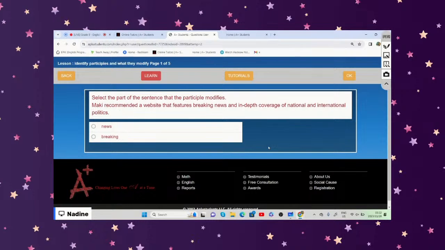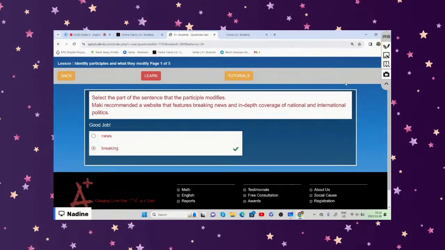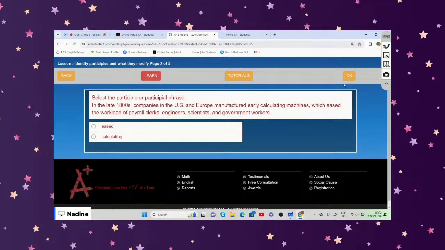If we were to select our participle, then we will say it is breaking, because breaking modifies the noun, which is news. And breaking is also a present participle that ends in ing. So breaking is correct.